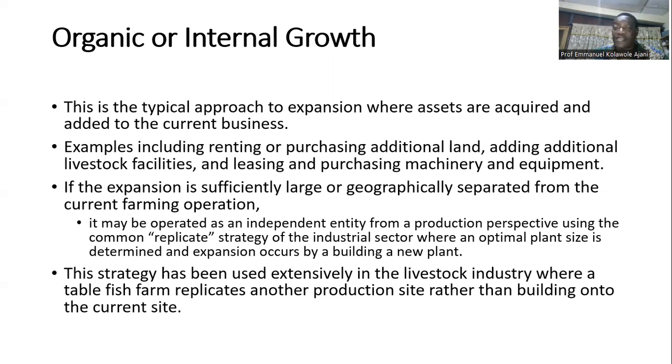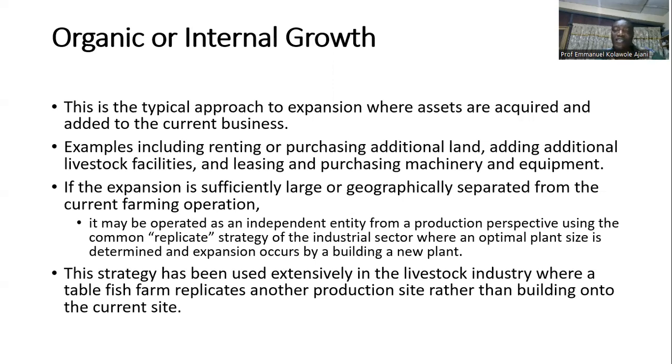What we are saying is that if your farm is large enough, let me give you a case of Zatec. They were expanding their fish farm before they closed the fish farm operation. They were taking more land. At a stage, they went to Ibarapa area near the Ogun river, and they built more ponds. And it's far from their plant in Oluyole.